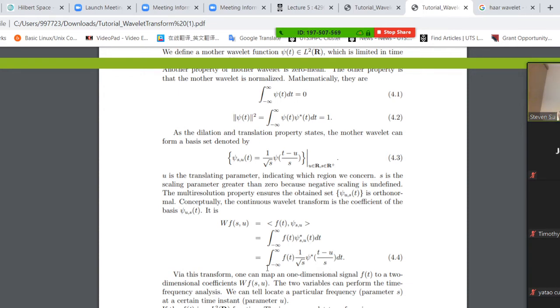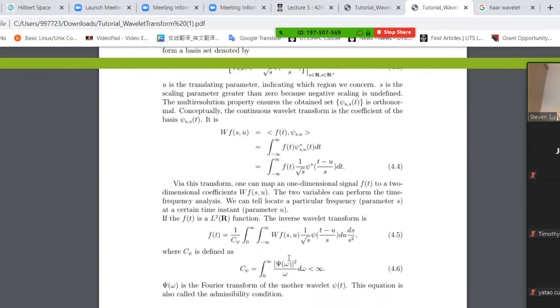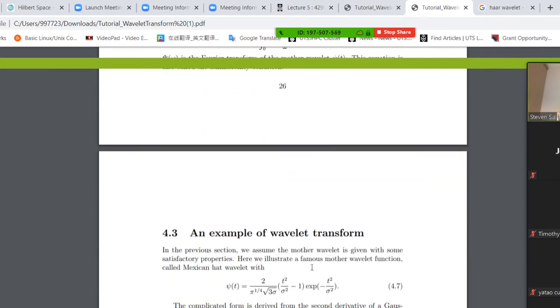Then you do the integration, just like projecting onto this axis. This is the wavelet. In that case, you can calculate all the coefficients. This is one example of the continuous wavelet.